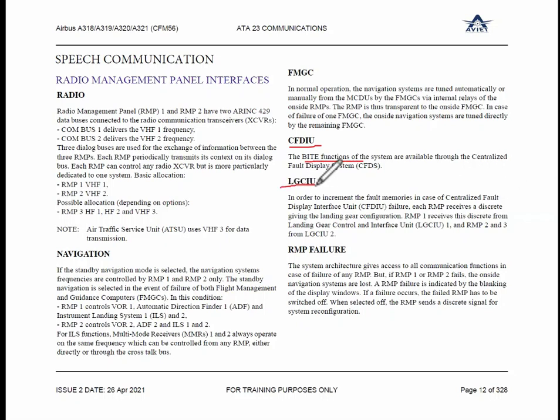Why is LGCIU required? CFDIU memory, right, as well as ground and flight conditions. RMP1 receives a discrete signal from LGCIU1 and RMP2 and 3 from LGCIU2. So they provide ground and flight status from LGCIU.